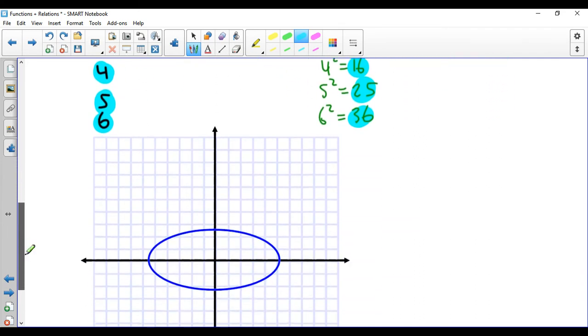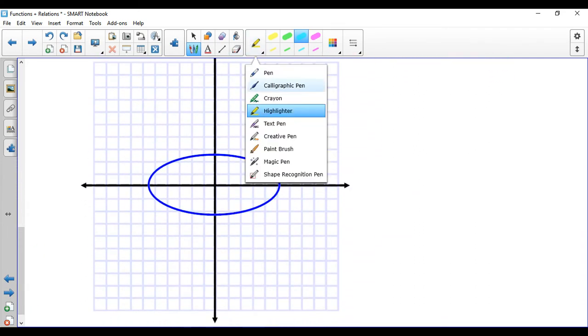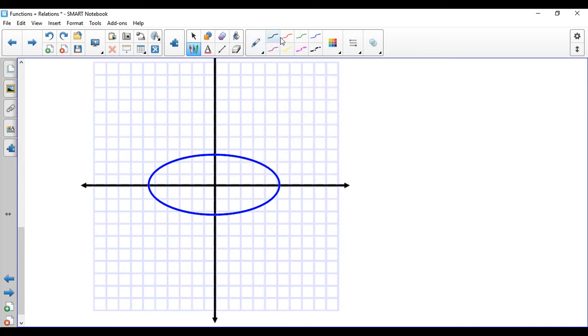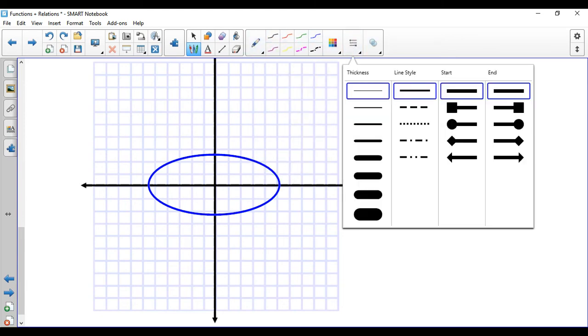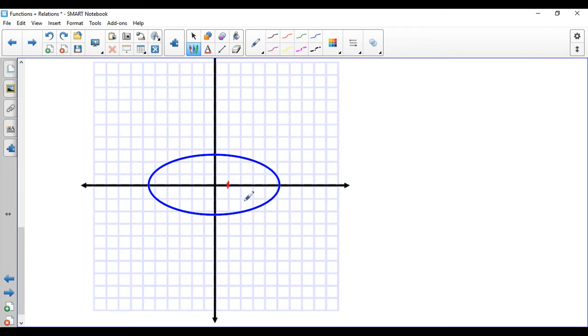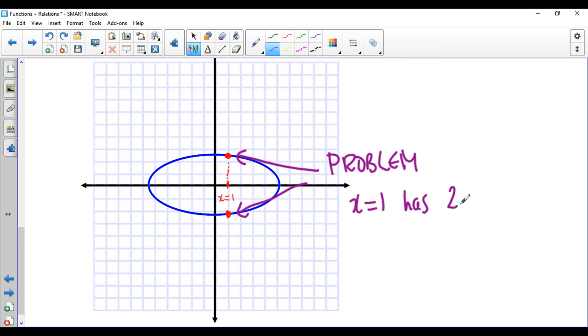If I look here, here's a little picture of an ellipse. Let's look at this point here, where x equals 1. If you look at x equals 1, I have an output here, but I also have an output here. Now, this is a problem, because x equals 1 has 2 outputs.